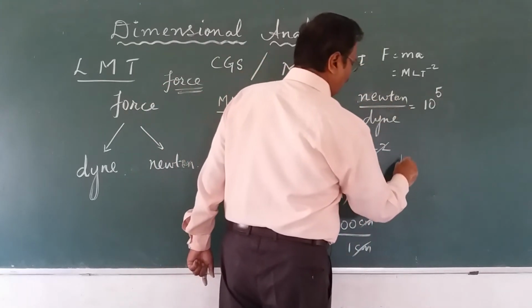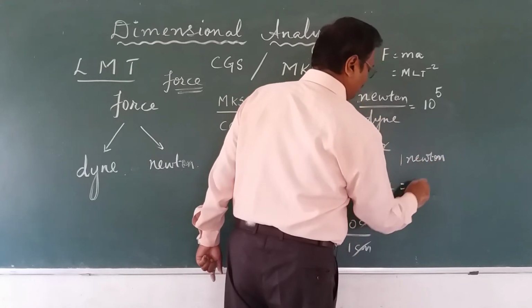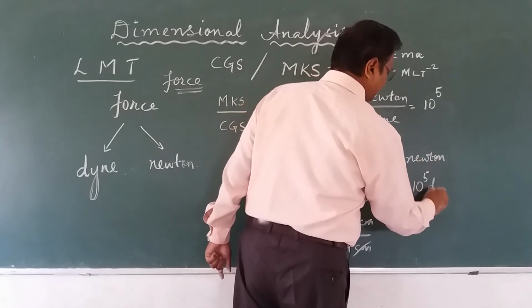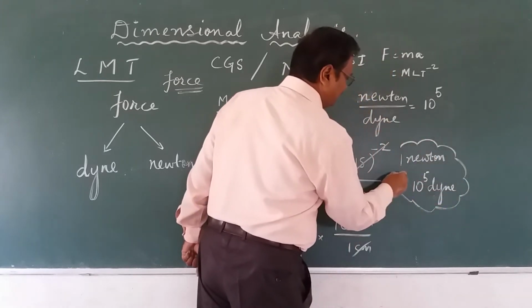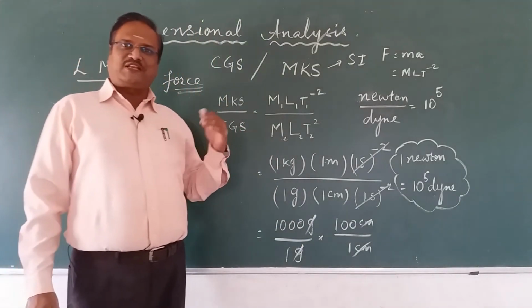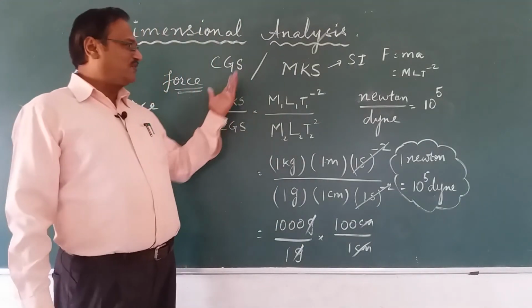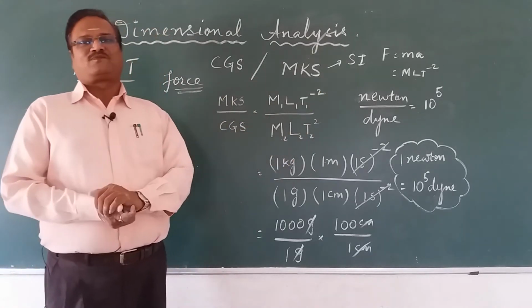That means 1 Newton is equal to 10 power 5 dyne. And this is the way in which we have converted the CGS system and MKS system, or one set of units into another set of units.